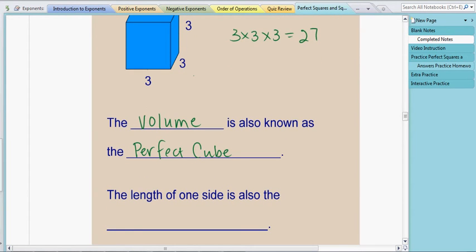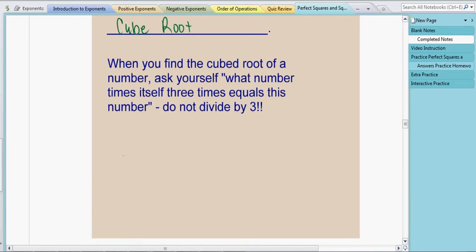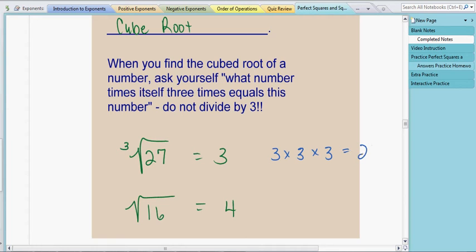So what do you think the length of one side is called? You think it's a cube root? You are correct. So the notation is the cubed root of 27 equals 3. This is what square root looks like. The square root of 16 equals 4. So with cubed root, what we're saying here is that if we take 3 and multiply it 3 times, we'll get 27.